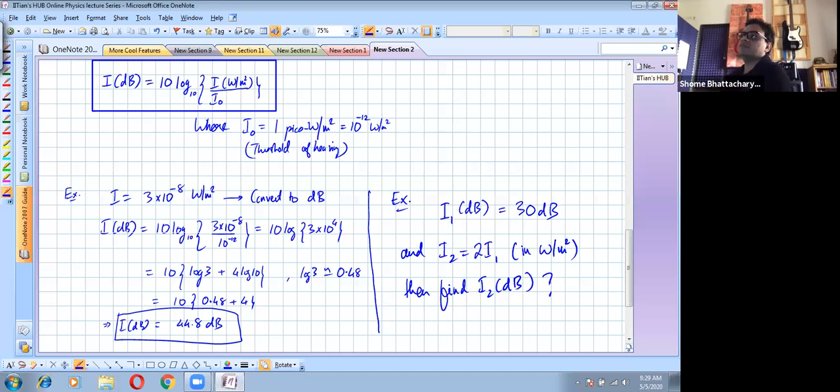If the intensity I1 is 30 decibels and the intensity I2 is double of I1 in watt per meter square, that is in the standard decimal scale, it is twice, double.